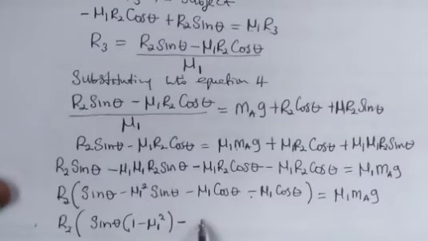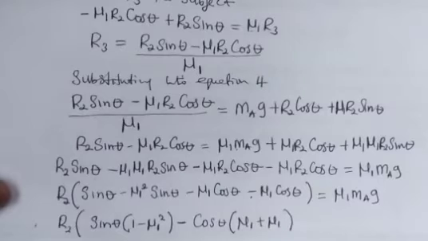If I bring the minus out, I'll be left with cos theta into bracket mu1 plus mu1, because minus cos theta times mu1 will give you minus mu1 cos theta, minus cos theta times mu1 will give you minus mu1 cos theta. So we're having this equals to mu1 mAg.